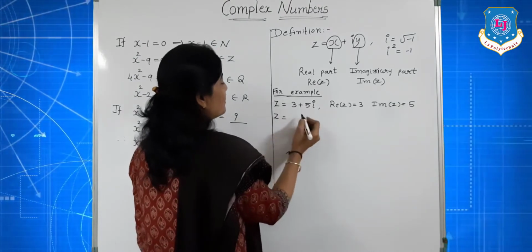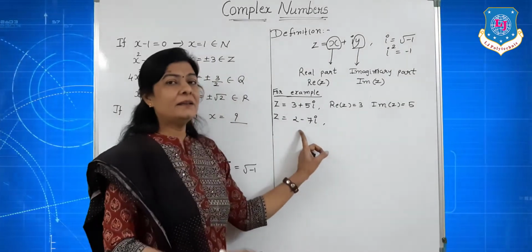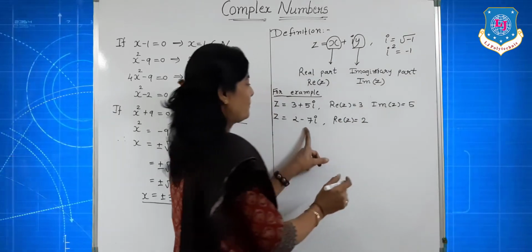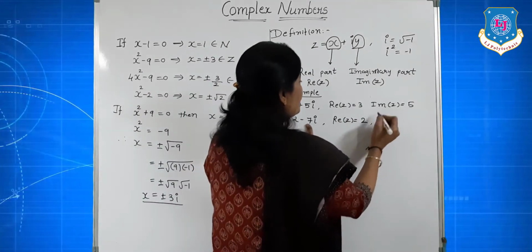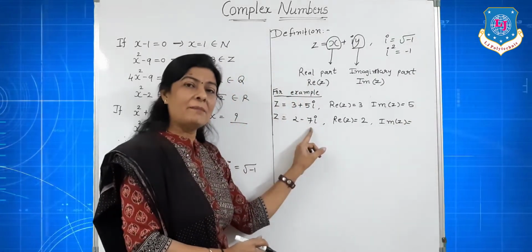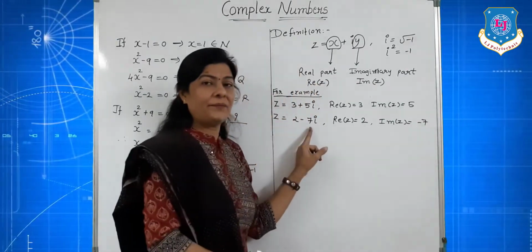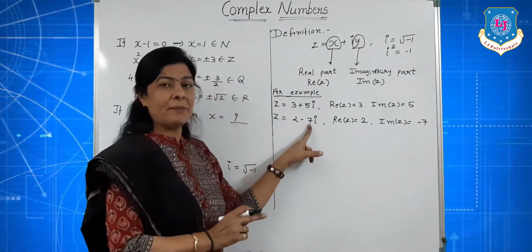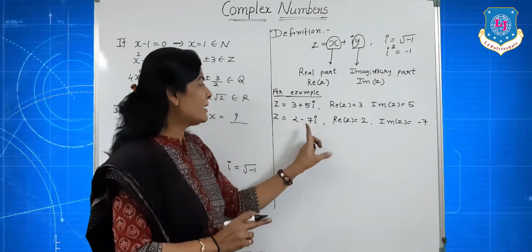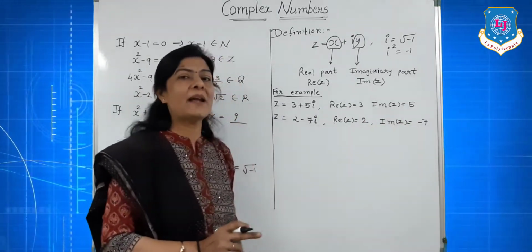If z is equal to 2 minus 7i, then real part of z is equal to 2 and imaginary part of z is equal to, यहाँ पे i का coefficient -7, so imaginary part of z is -7. इसको हम x plus iy के साथ कंपेयर करें तो x is equal to 2 means real part of z is 2 and y is equal to -7 means imaginary part of z is -7.